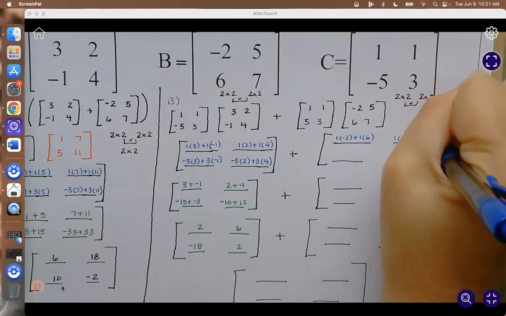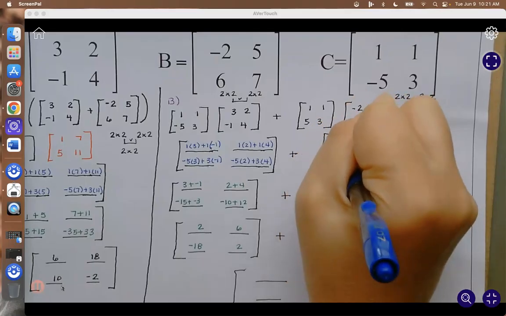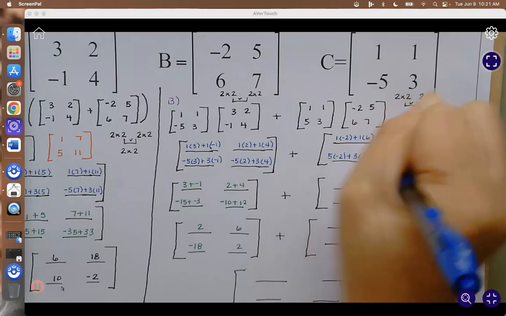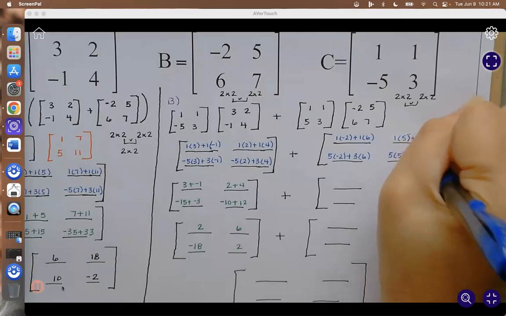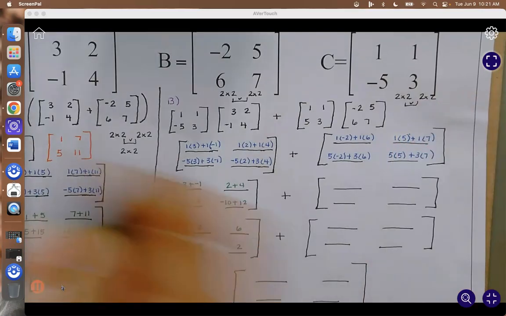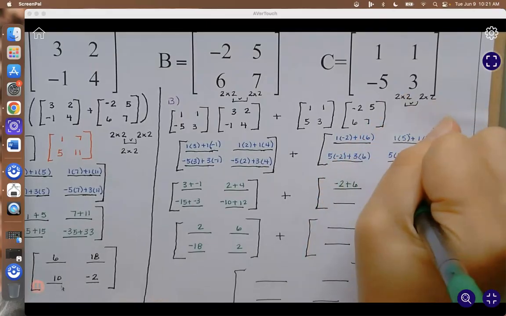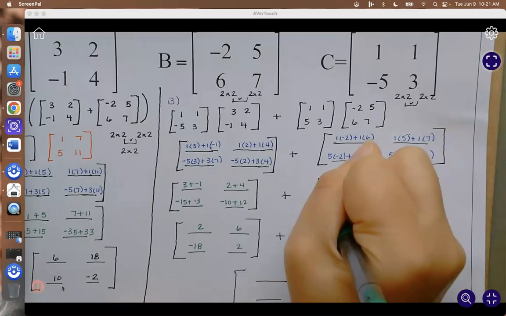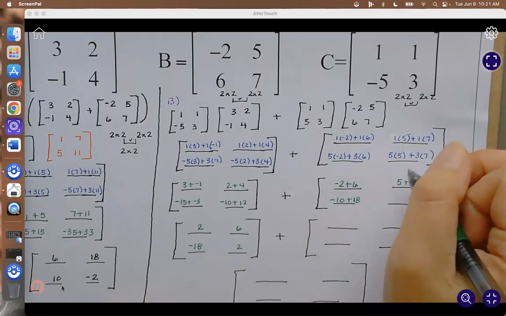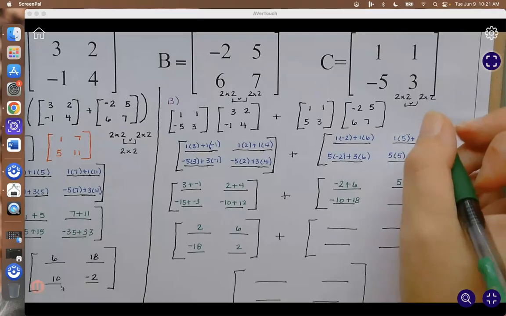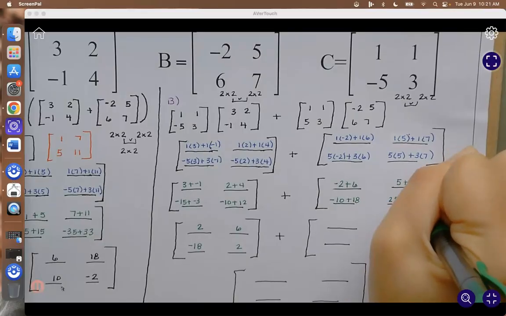Now we come over here and do negative 5 times negative 2 plus 3 times 6. Negative 5 times 5 plus 3 times 7.